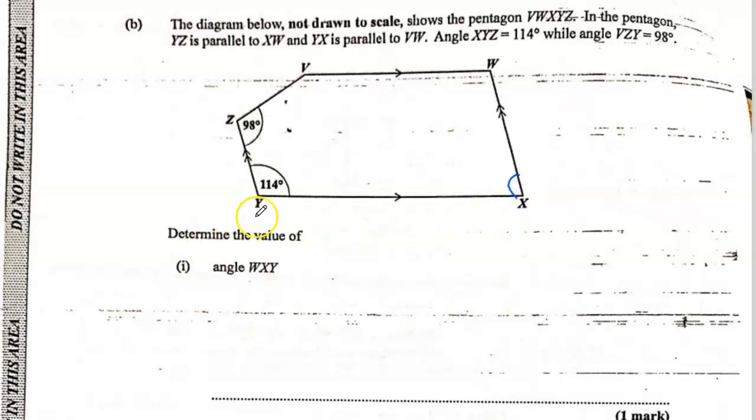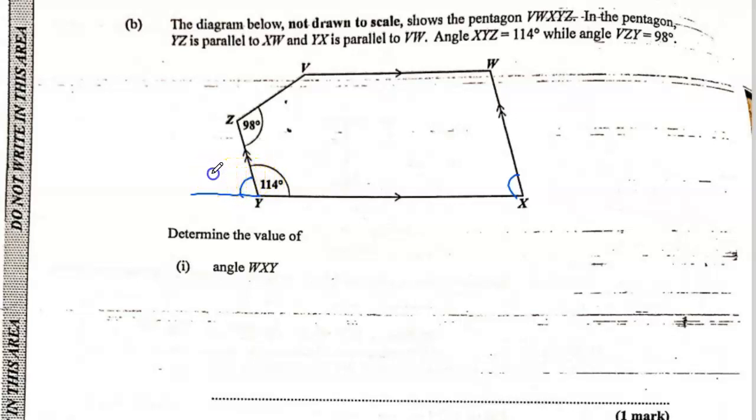Now we can reason these angles different ways. If I extend this line, notice angles on a straight line add to give 180 degrees. So this angle would be 180 minus 114, which would be what? 66.